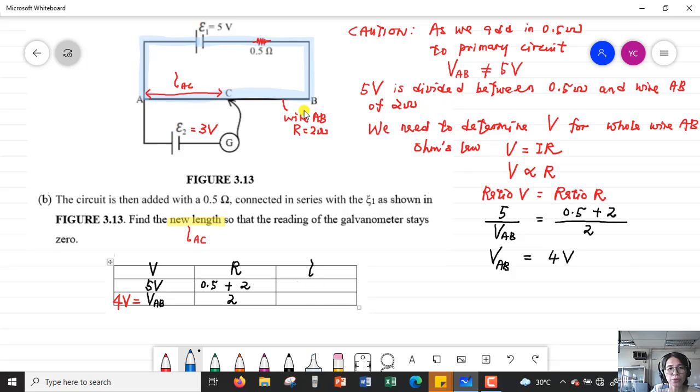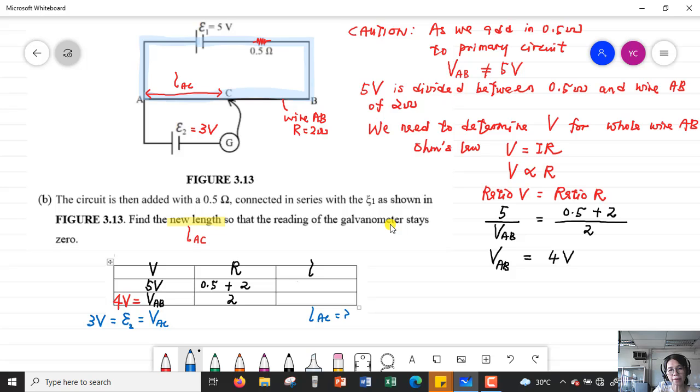So we want to find the balance length AC, where the voltage across AC is equal to the value of E2. We already got the value of E2 from question 15A, which is 3 volt. So the new length is how much?